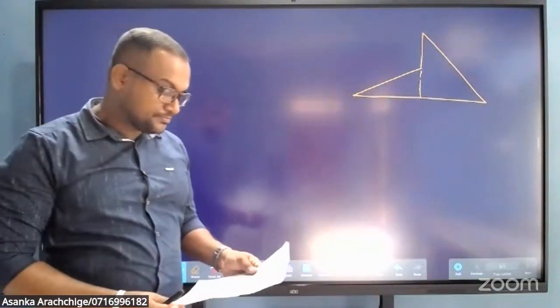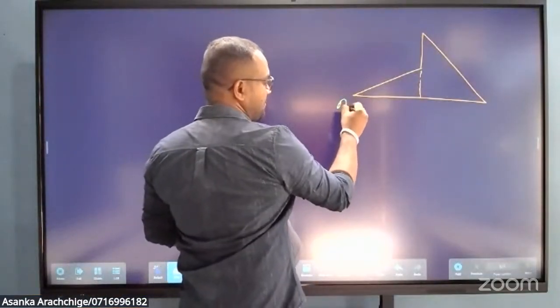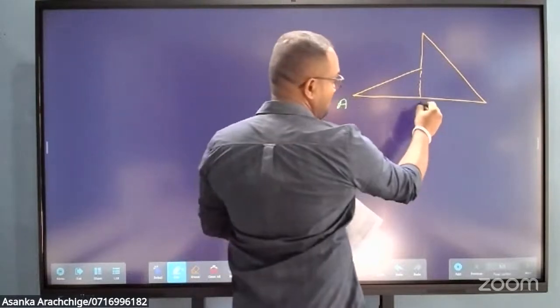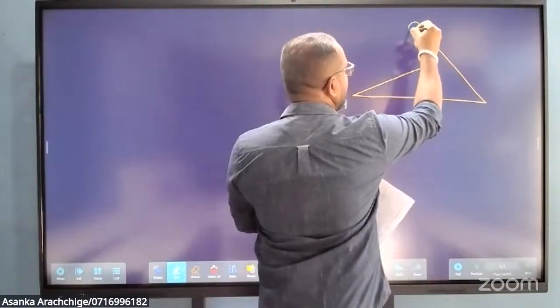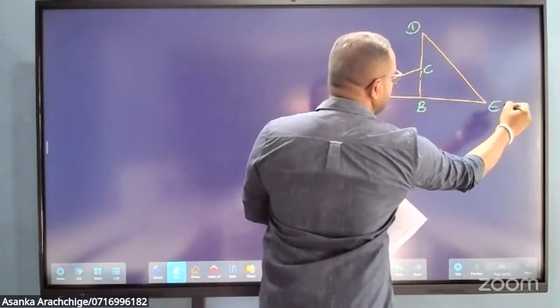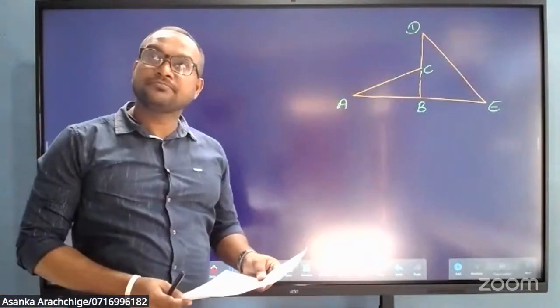Right. A, B, C, D, E. These are the points given in the diagram.